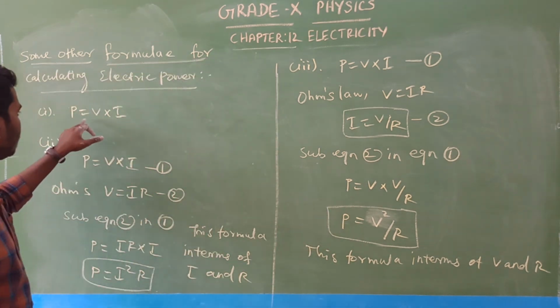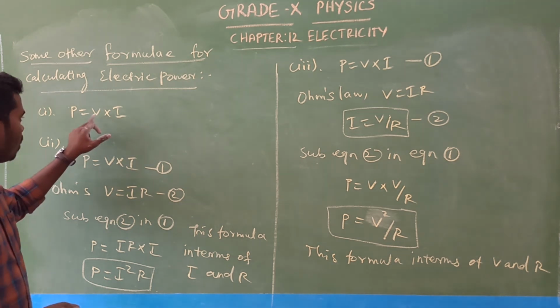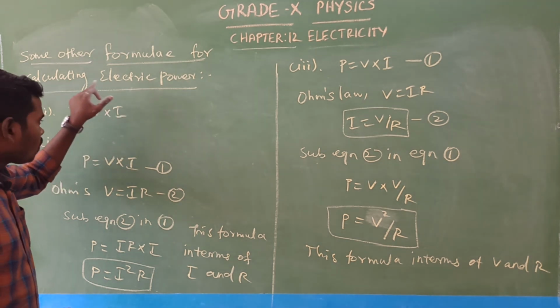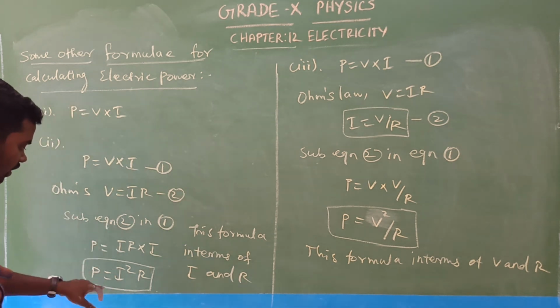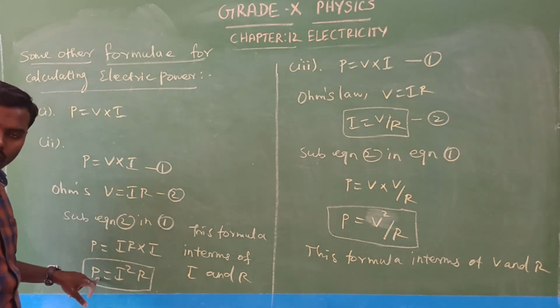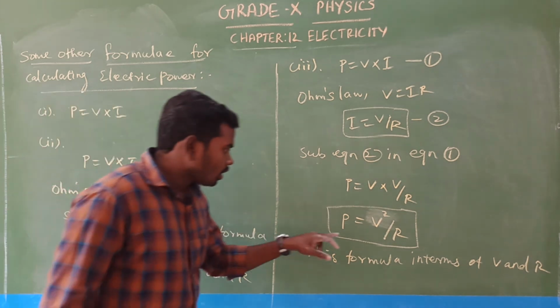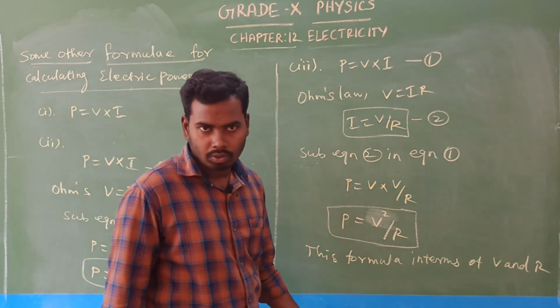The first formula P is equal to V and I. If you know the voltage value and current value, we can find out the power value. Come to the second formula. If you know the current value and resistance value, we can find out the power value. Come to the third one. If you know the voltage value and resistance value, we can find out the power value.